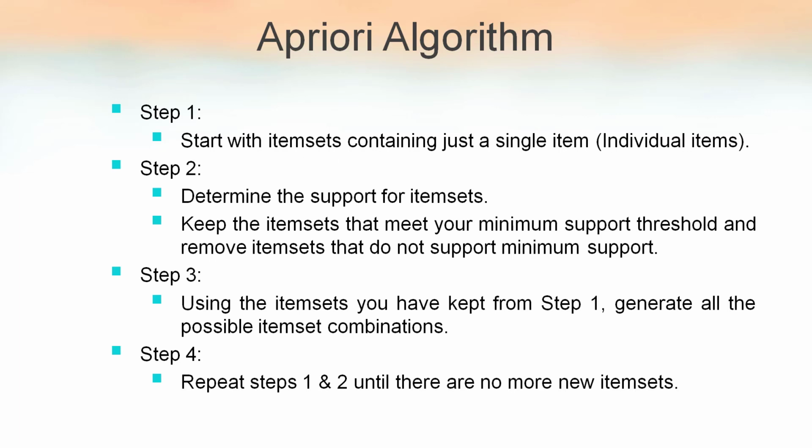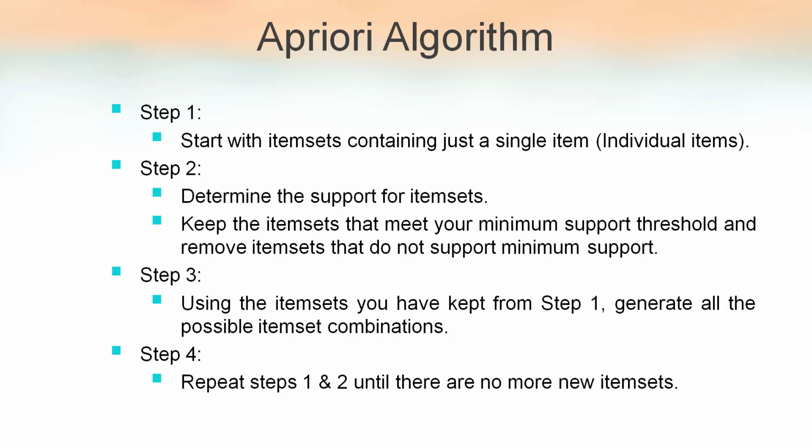In the first step of the Apriori algorithm, we make the candidate set with item sets containing just a single item, meaning only individual items. In step 2, we need to determine the support for item sets. Support means frequency, and then compare the support of each item set with the minimum support threshold. If an item set does not meet minimum support, then remove the item set.